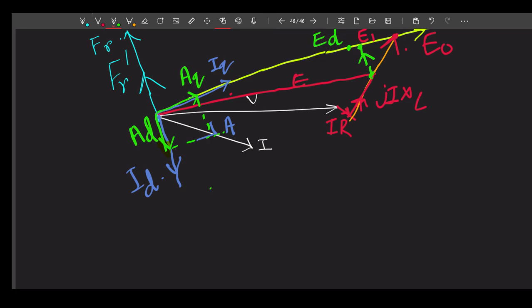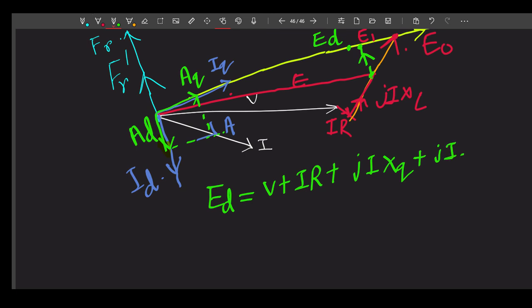And this ED can be written as V plus IR plus jIXQ plus jIQXAQ.